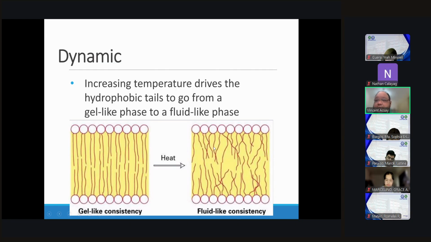So this is your non-polar tails, where upon the application of heat tend to move more fluidly. Example of this is like butter. Butter straight from the fridge, matigas. Once heat is applied, they become more fluid, which is similar because they are also hydrophobic chains.